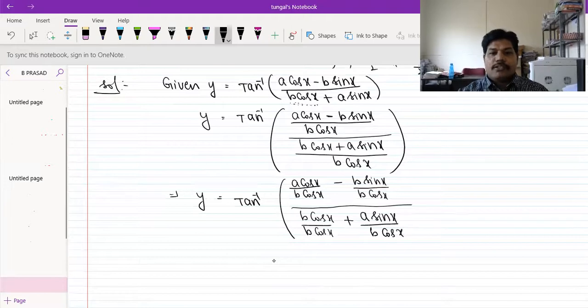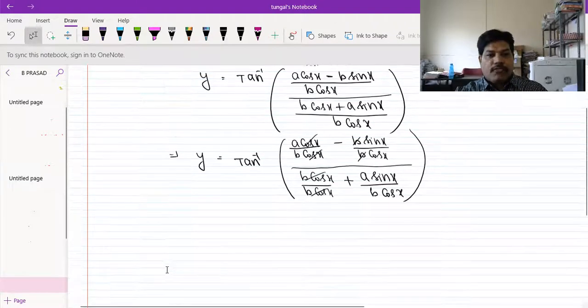So what happens? Here cos x will be cancelled, and here b will be cancelled, and here b cos x and the b cos x will be cancelled. Here nothing will be cancelled in the fourth step. So then what happens here?